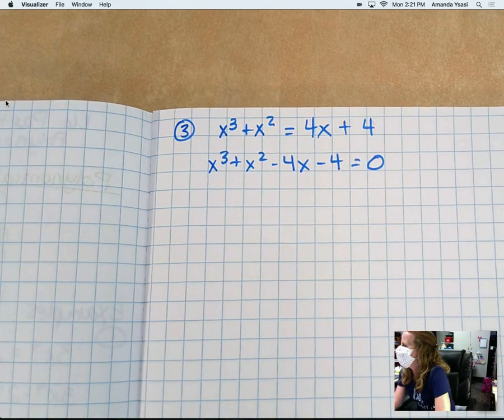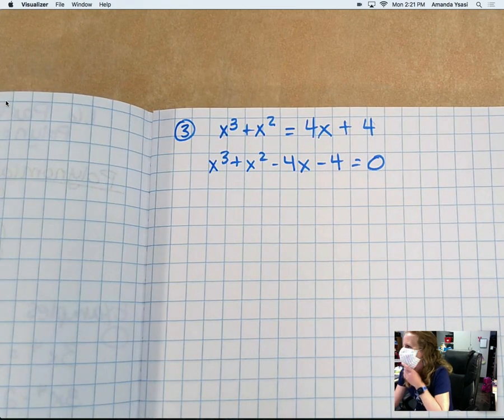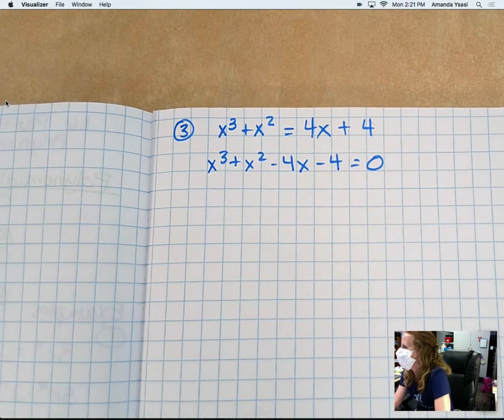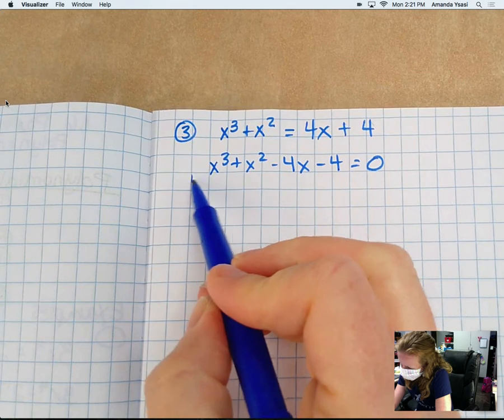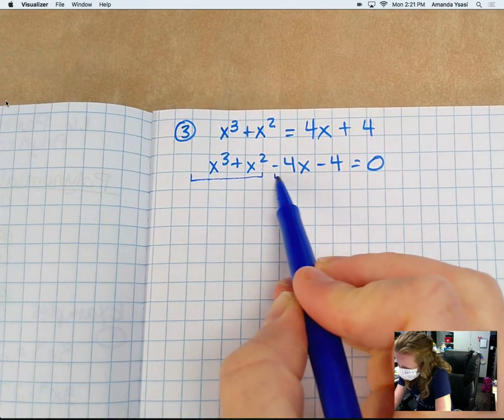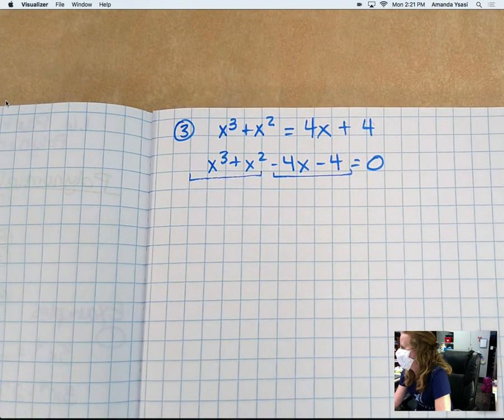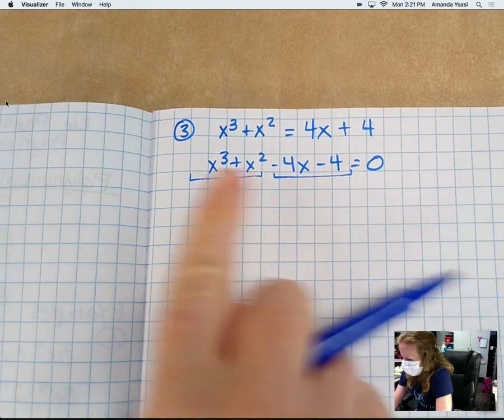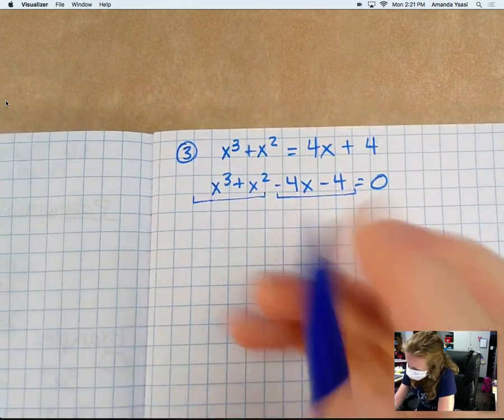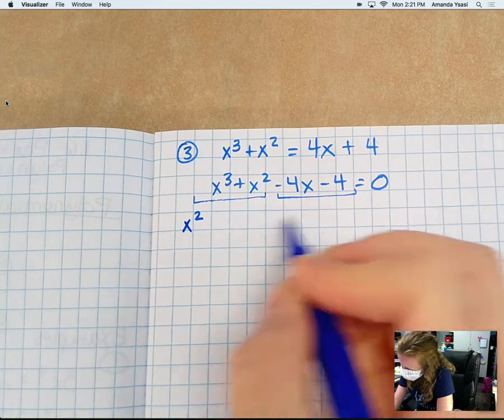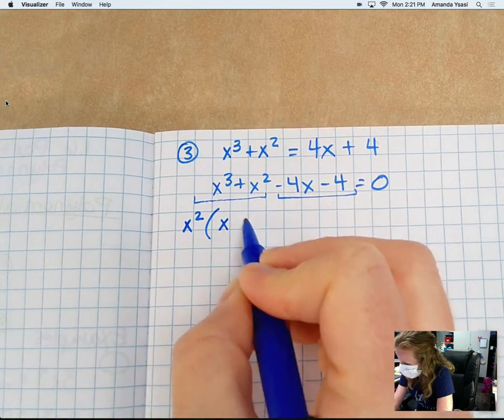Then we see if we can factor anything. The only thing that I see we could do is factor by grouping. I group these together and I group these together. And we factor. So these two have x squared in common, leaving us with x plus 1.